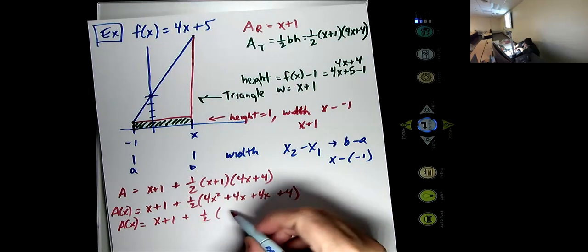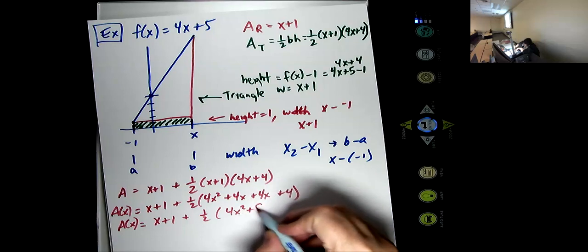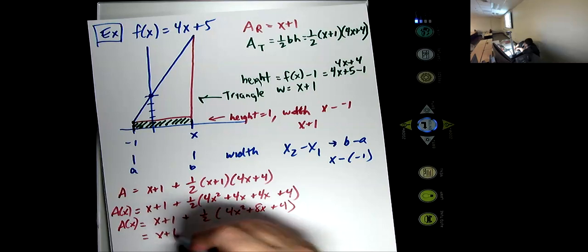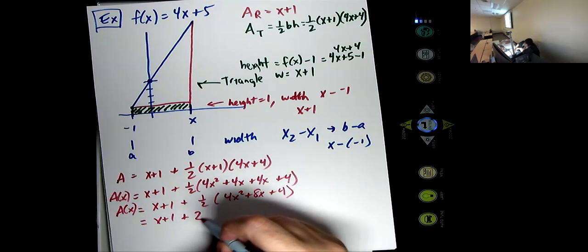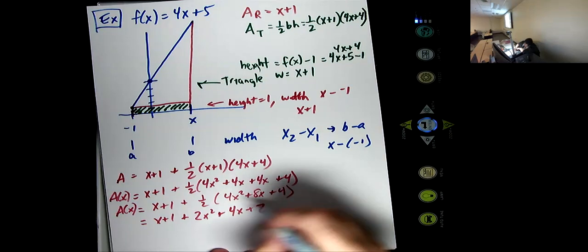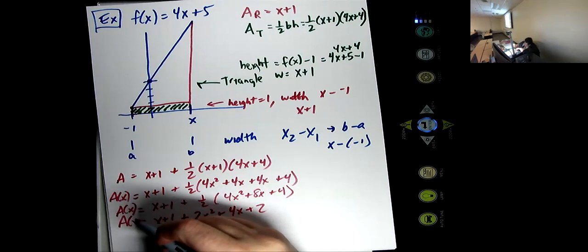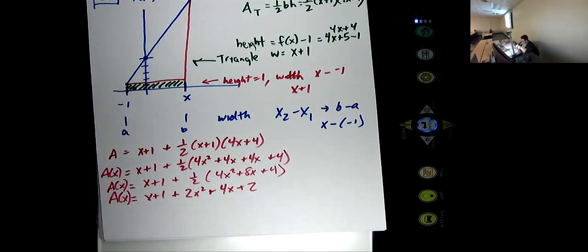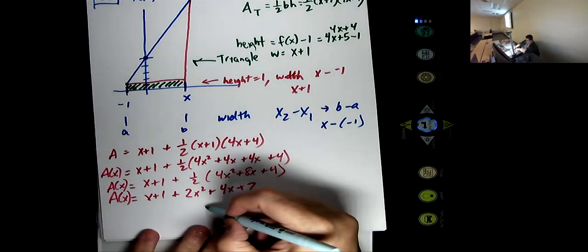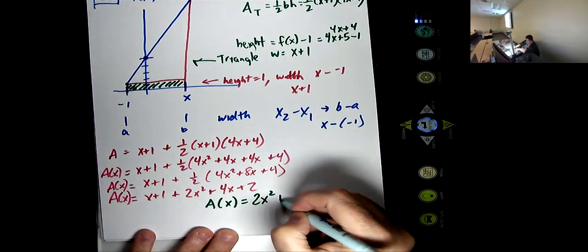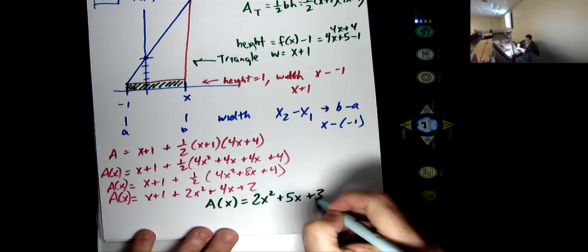This is 4x squared plus 8x plus 4. I'll distribute the 1/2 and we'll gather everything together. A of x equals 2x squared plus 5x plus 3.